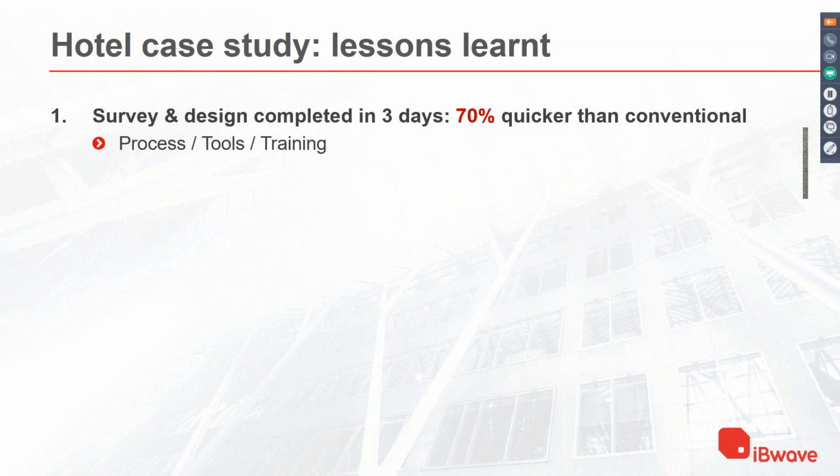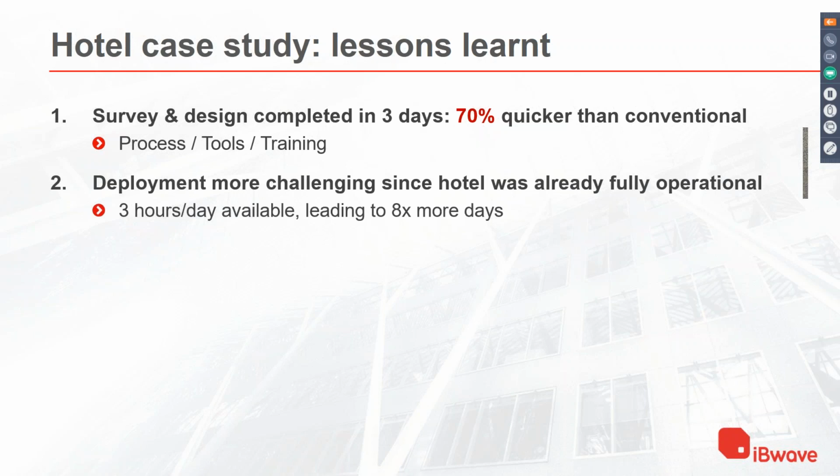So you can do it for a lot of venues, and a lot of them were in fact done in parallel at the same time across the country. So that's one lesson. The other one is that the deployment was really challenging, since it was a hotel that was already fully operational, and so had very strict availability of access per day. In this case, it was 3 hours per day.